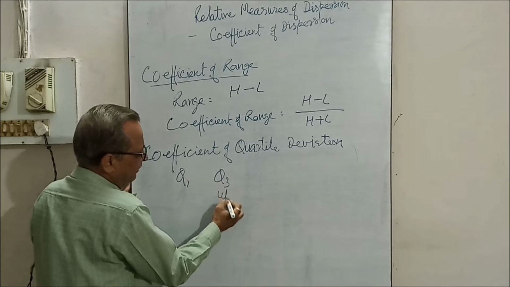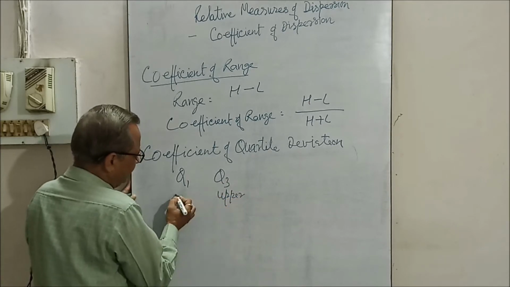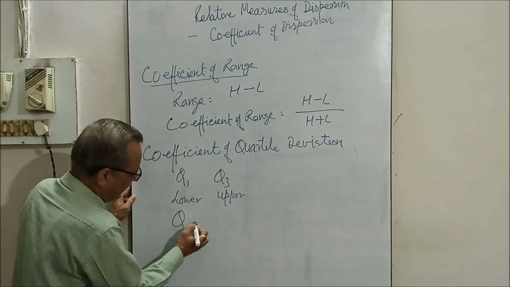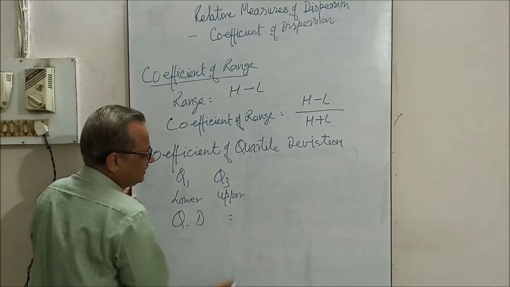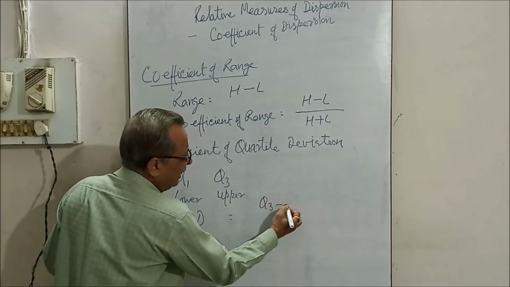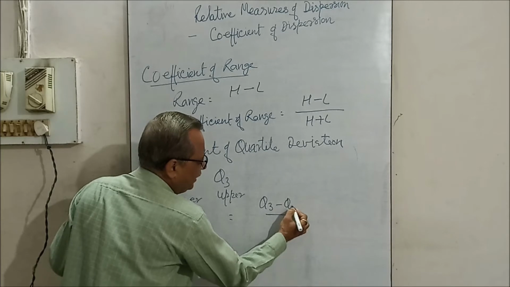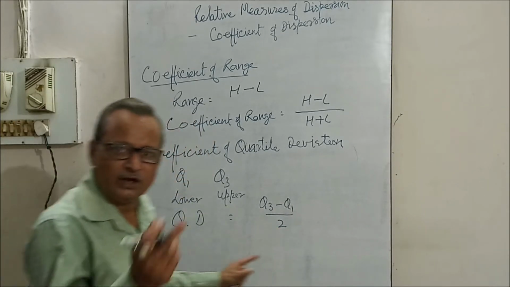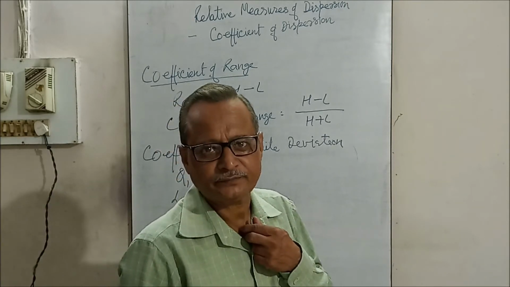This is the upper limit and this is the lower limit. Then you find the quartile deviation, that is upper limit minus lower limit, Q3 minus Q1 divided by 2. This is called quartile deviation.